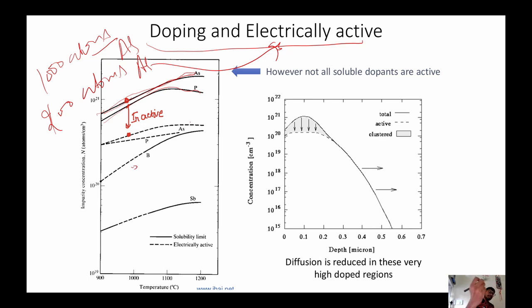That's why, if you dope 10 raised to power 15, only 10 raised to power 14 of the dopant atoms will be electrically active. So you need to take care of that as well, in terms of how much you are tuning the conductivity.